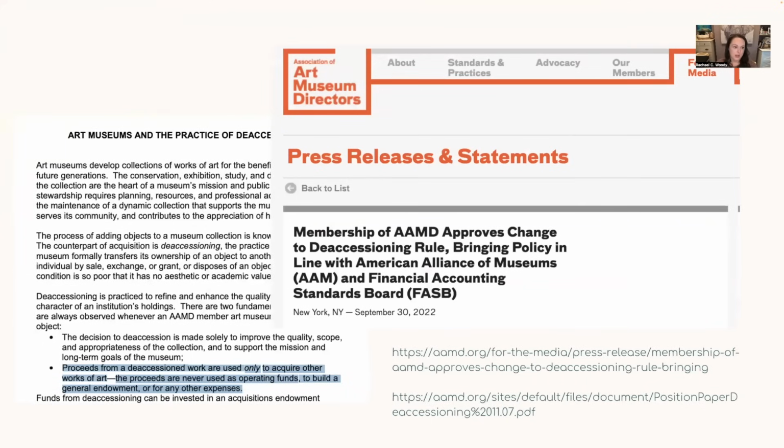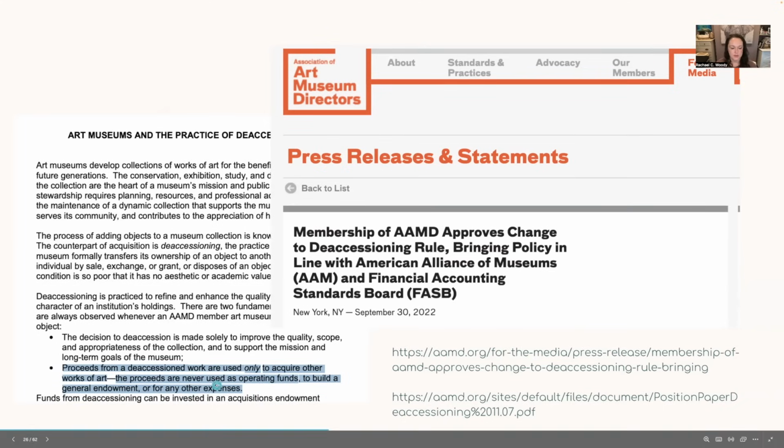Speaking of which, I mentioned we started out super restrictive. On the left-hand side was a previous Association of Art Museum Directors stance. I think this one was from 2011, and it very clearly states, in the highlighted section, deaccessions only to acquire other works of art. Proceeds are never to be used for operating funds.